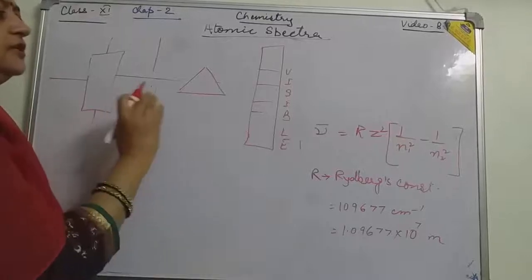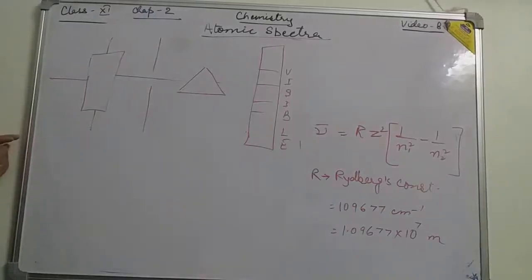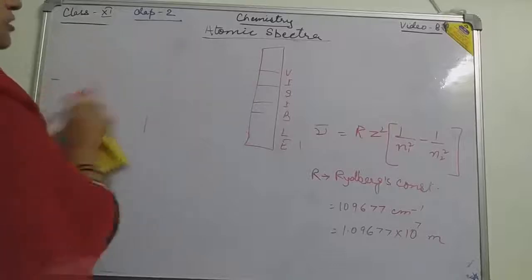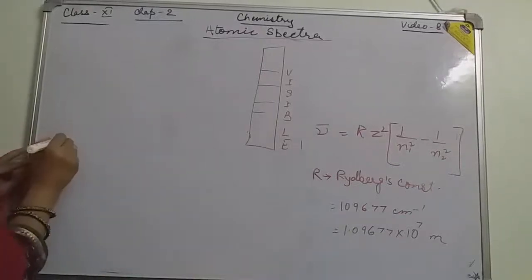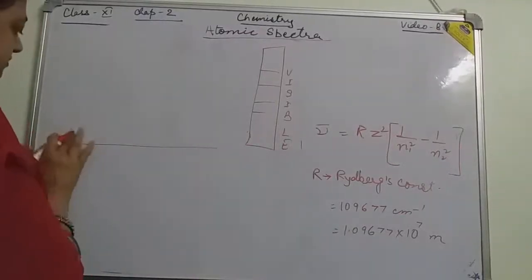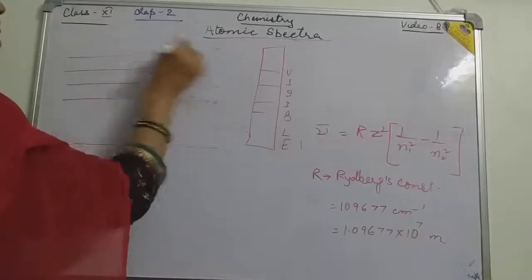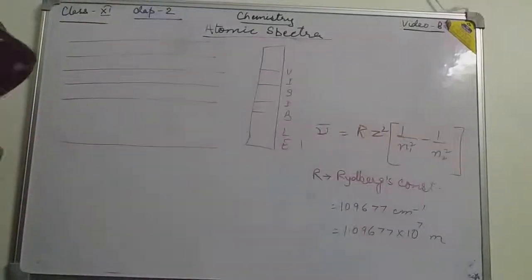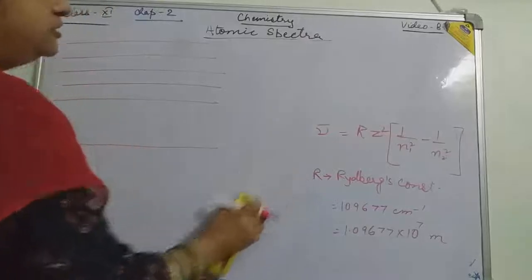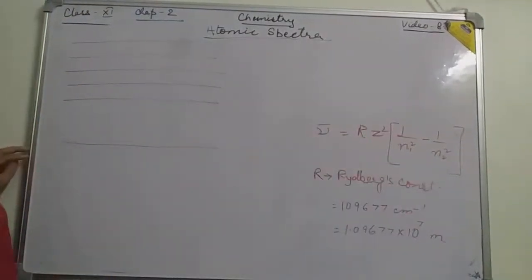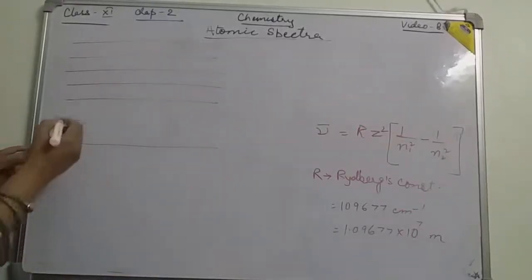Hydrogen gas always gives the same spectral lines, meaning the emission spectra by the hydrogen gas is always the same. The lines first given by Balmer are in the visible region, so the spectral lines present in the infrared or ultraviolet region are not given by Balmer, but by different scientists. The first line is called the Lyman series.